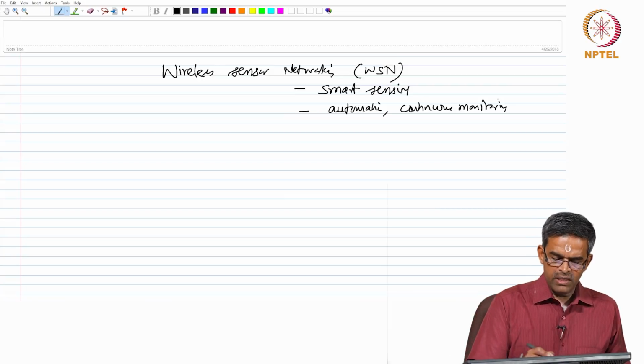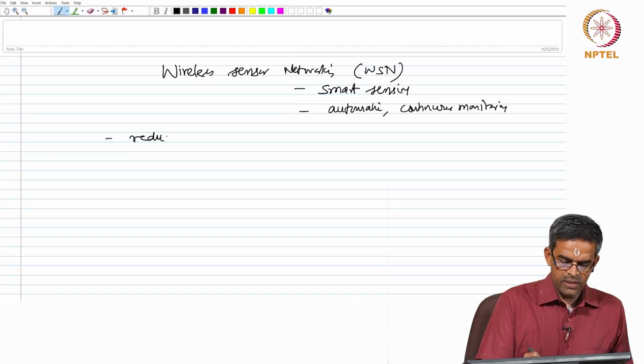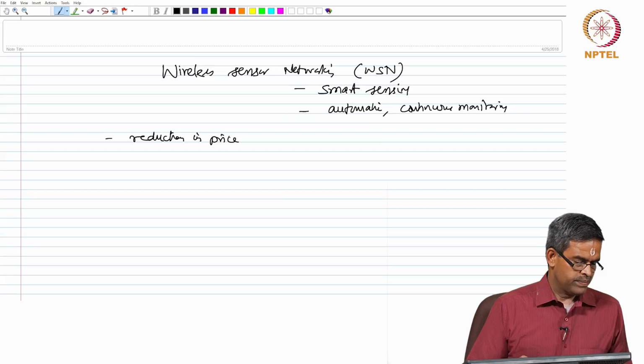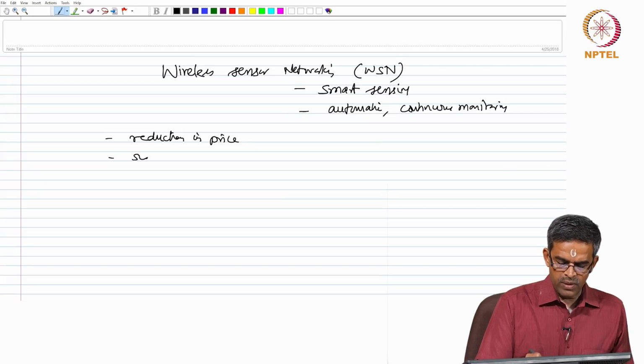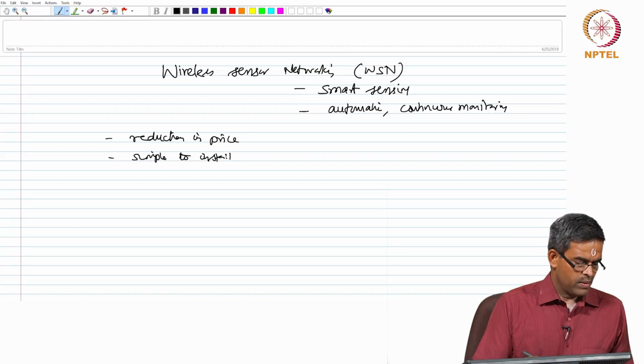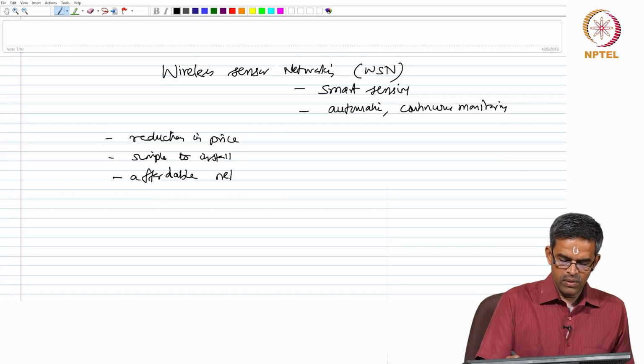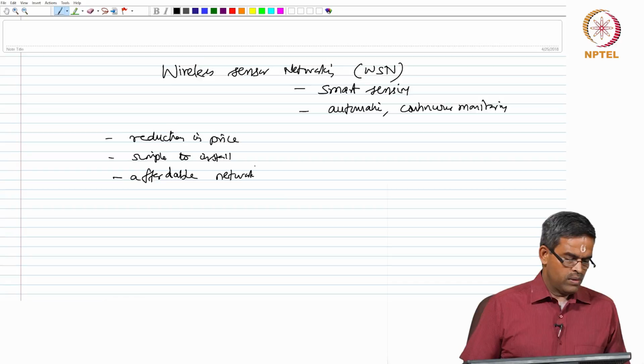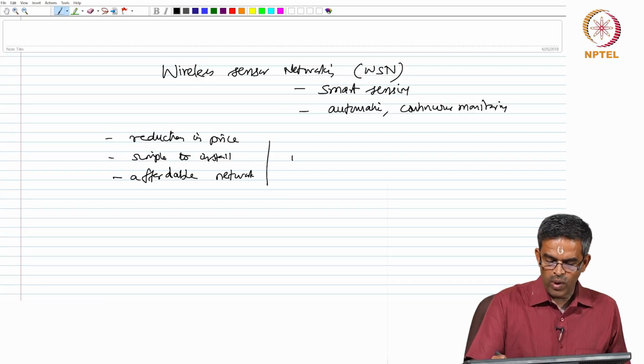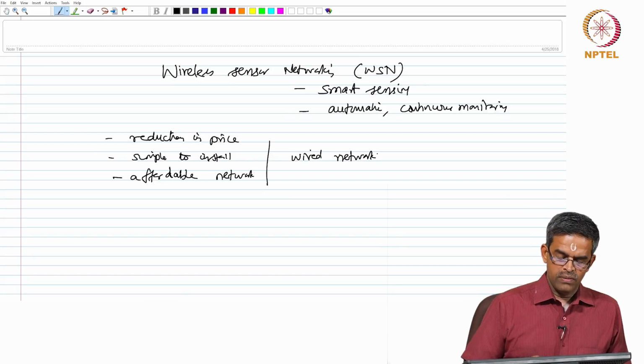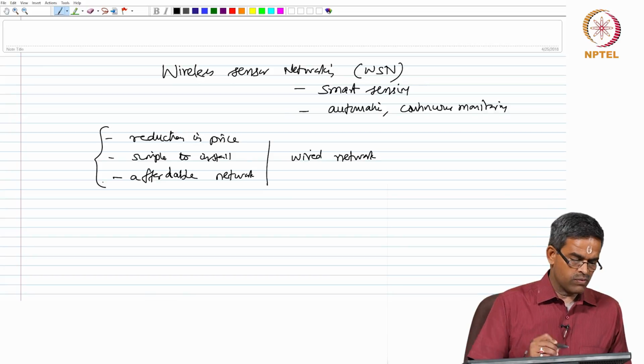There are many advantages, we saw them: reduction in price, simple to install, and an affordable network in lieu of wired network. In comparison to wired network, wireless sensor networking is far superior.